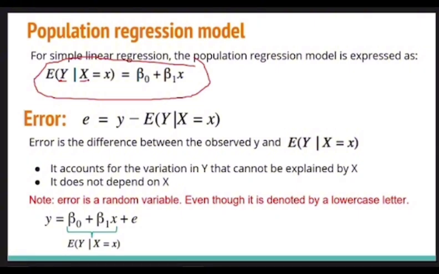That X represents the predictor or the explanatory variable. Now, you can see a lowercase x, right? A lowercase x is just a realized value of the capital X. What this is trying to say is that the expected value of the response, given that the explanatory variable equals a particular value, can be written as what you see at the right hand side.